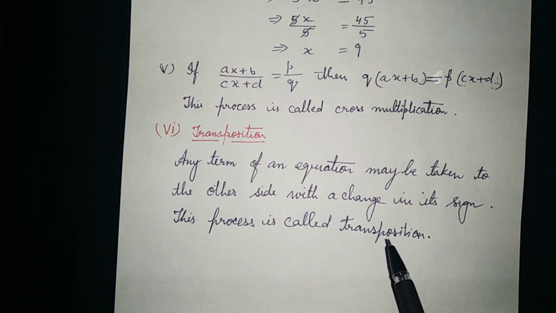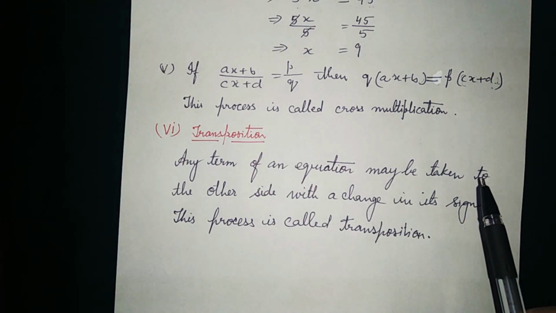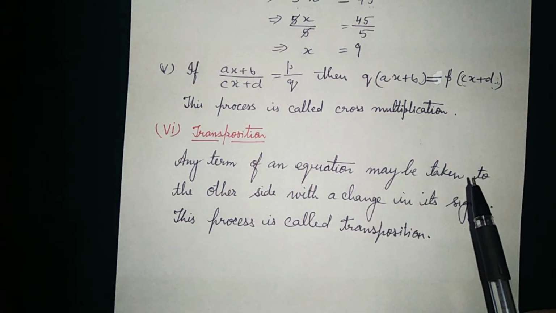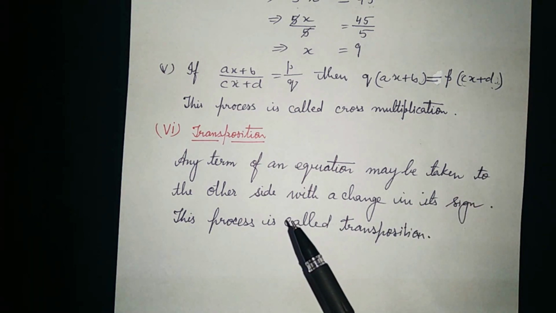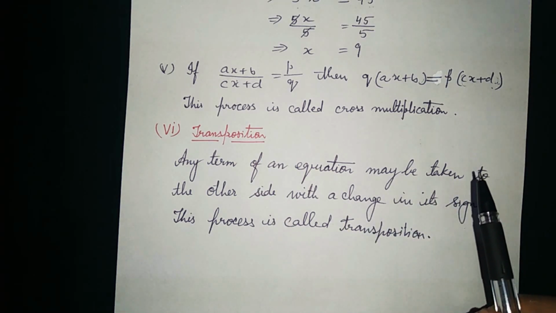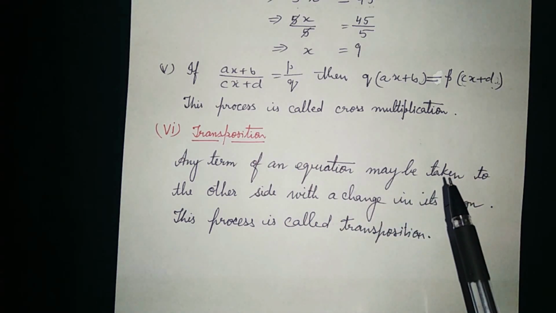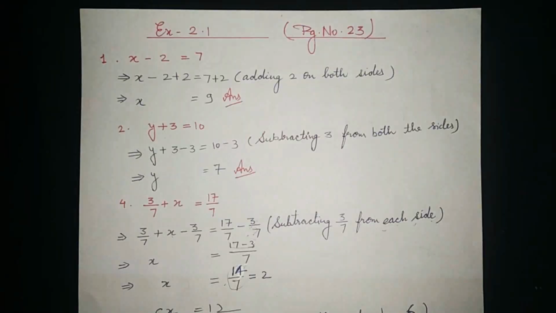Means if on left hand side any number is with plus sign, when you shift or transpose the number to right hand side, then the sign will change. If plus sign is there on left hand side, then when you shift it to right hand side, the sign will become minus. If minus sign is on left hand side, then if you are shifting it to right hand side, it will be plus. This is called transposition.